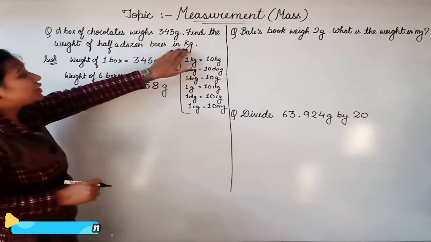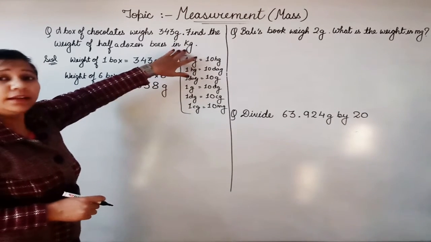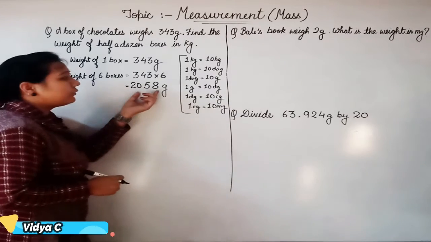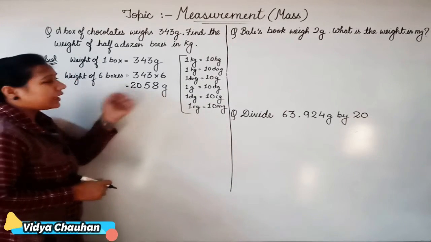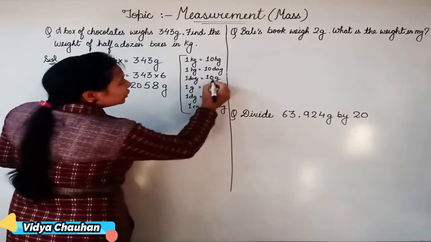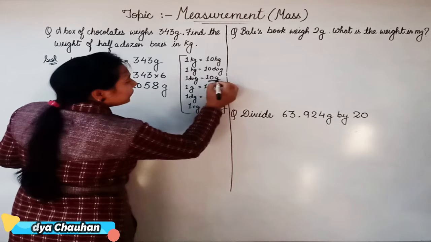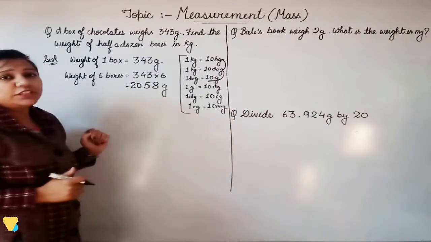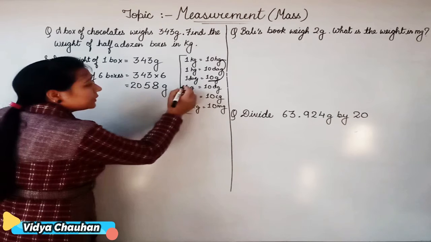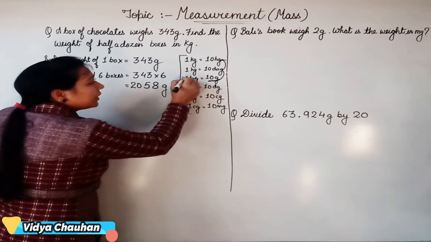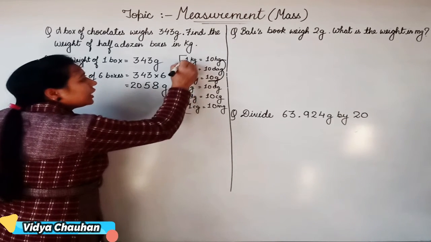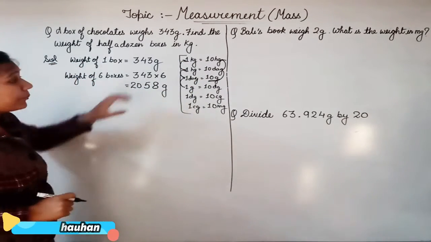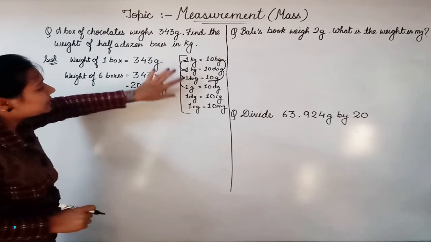But according to the question, we need the final answer in kilograms. So now it's time to convert grams to kilogram. So in the conversion unit, here is the gram, and we have to reach kilograms, we have to move 3 steps up. So it will be gram to decagram, decagram to hectogram, and hectogram to kilogram. How many steps are there? 3 steps.